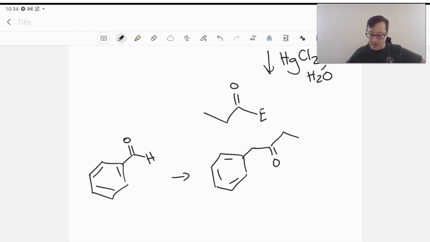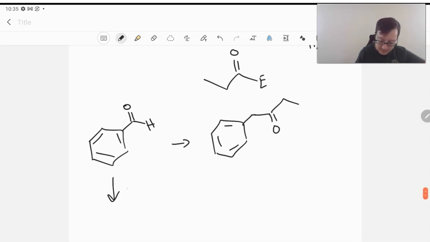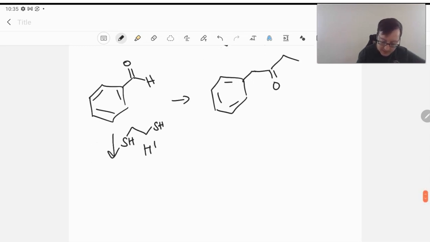So what we want to do is remember that these sulfur nucleophiles turn an aldehyde into a nucleophile. So by converting this into the sulfur, apparently only 2 carbons this time, doesn't really matter, but here we go.